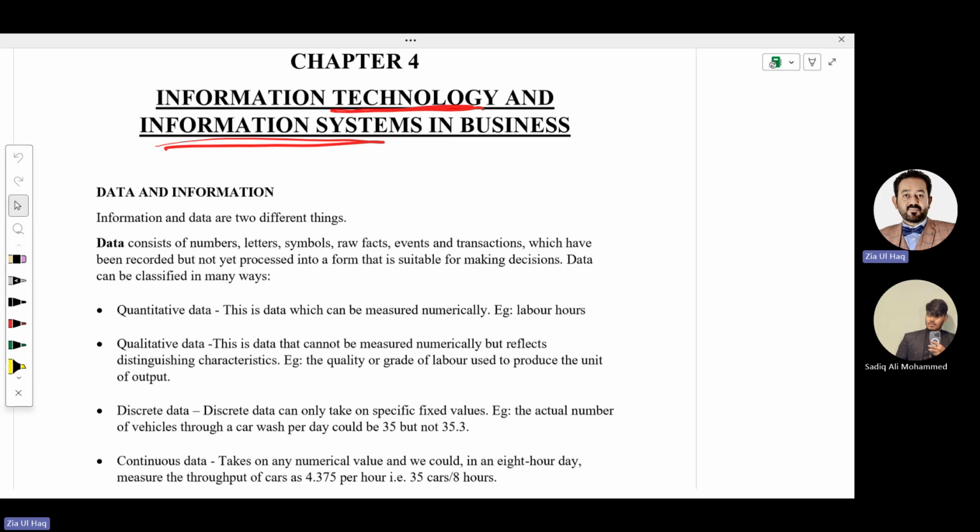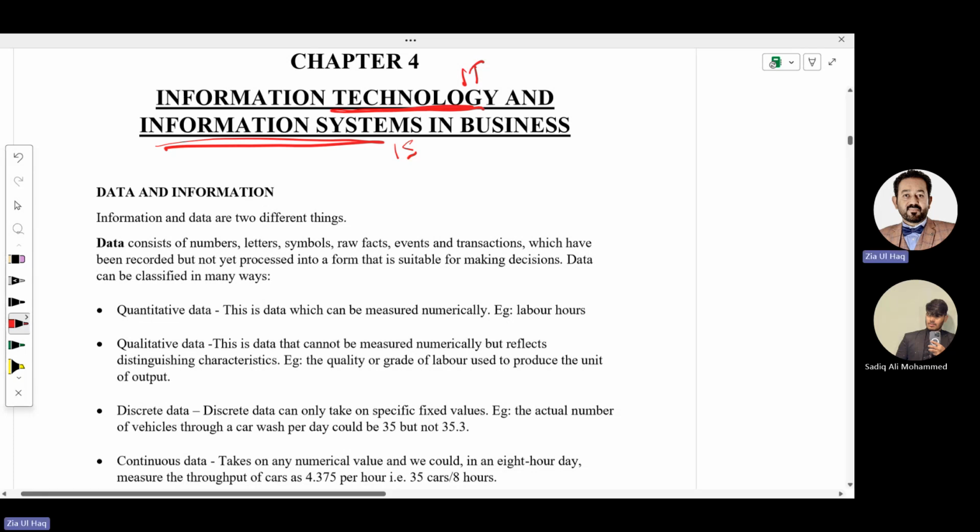What is the difference between IT and IS? Information technology mean IT and information system mean IS. Is there any difference between IT and IS? Or both words are having same meaning? What difference? Okay.